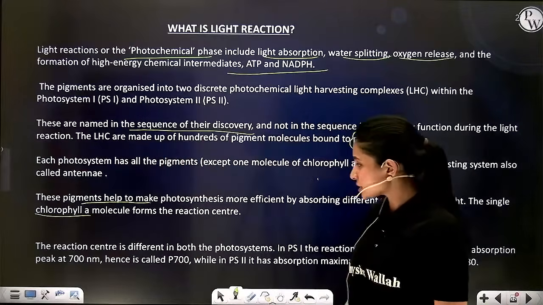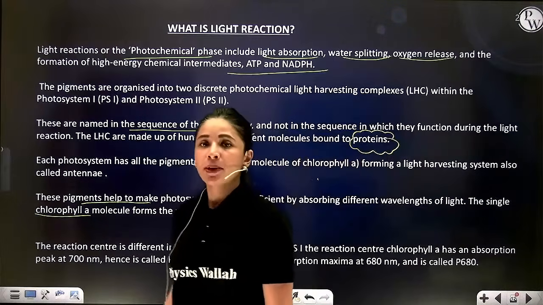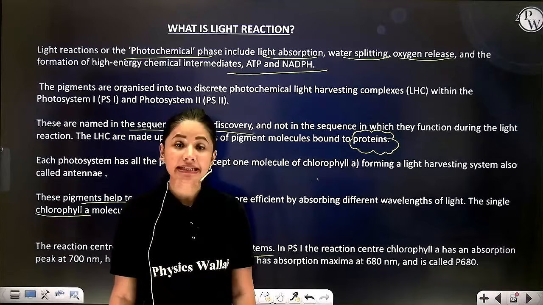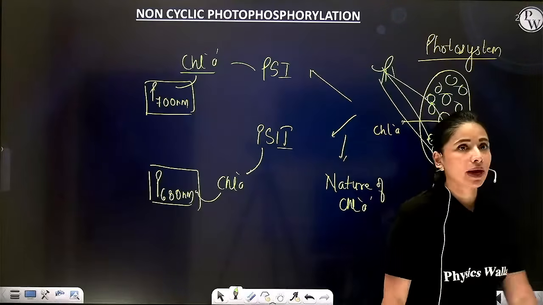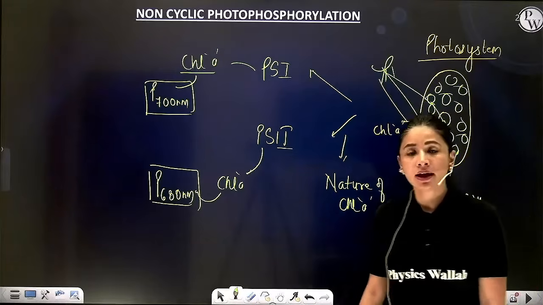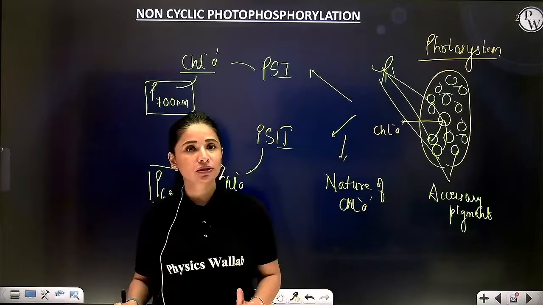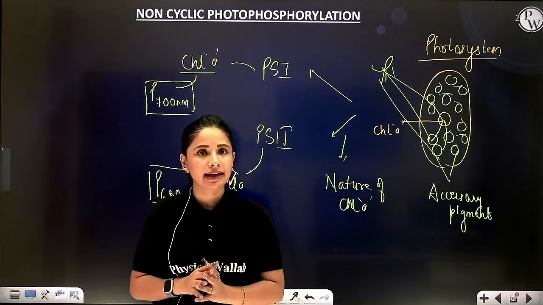Next, the reaction center is different in both photosystems, as I have already told you. PS1 is P700, whereas PS2 is P680 nanometers, depending upon the wavelength of light which they trap. Correct? So now you know the concept of photosystem. Now we can actually start the process of light reaction.